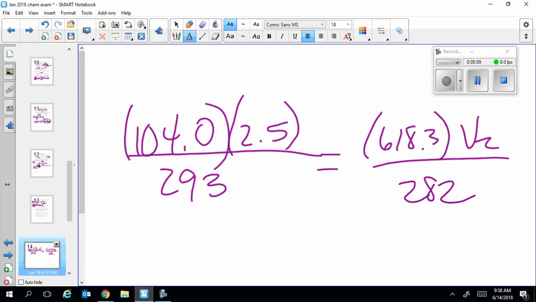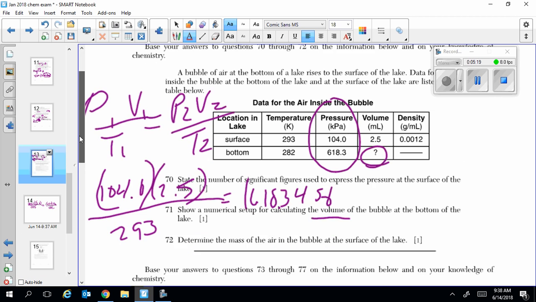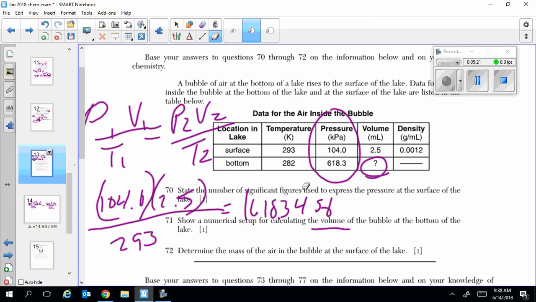That's the correct numerical setup. Leave it just like that. You plugged everything into its parts, and that is all you need to do to earn that point. All right, I'm going to erase this because it is just so messy right here.